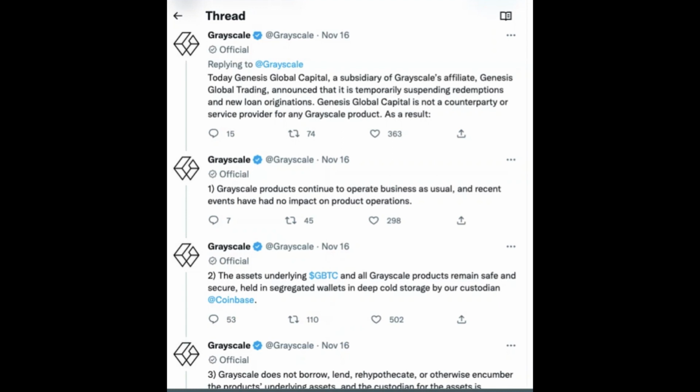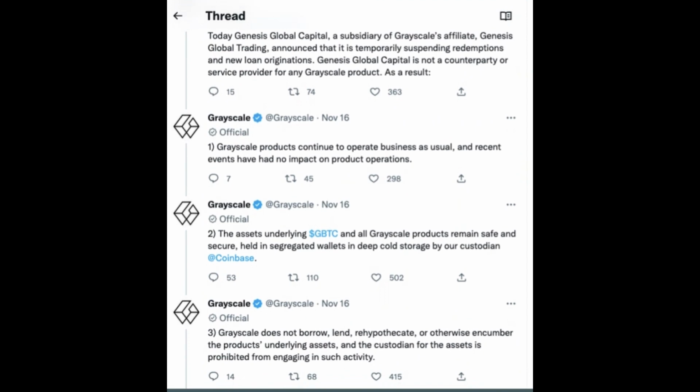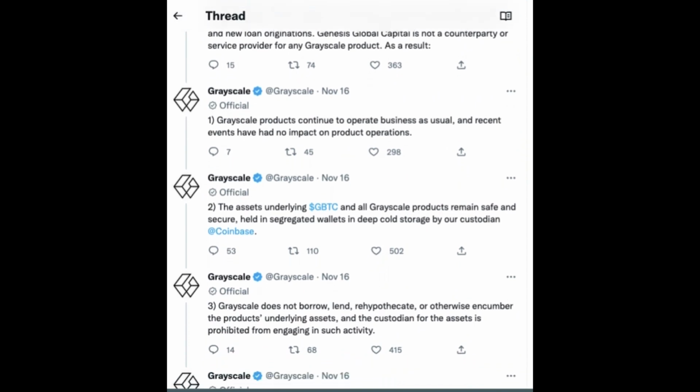As a result: 1. Grayscale products continue to operate business as usual, and recent events have had no impact on product operations. 2. The assets underlying $GBTC and all Grayscale products remain safe and secure, held in segregated wallets in deep cold storage by our custodian at Coinbase. 3.